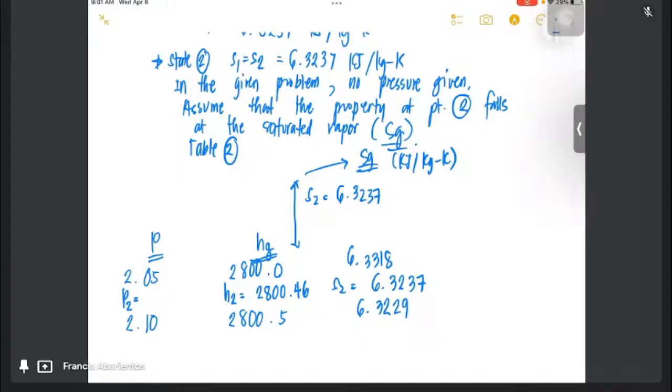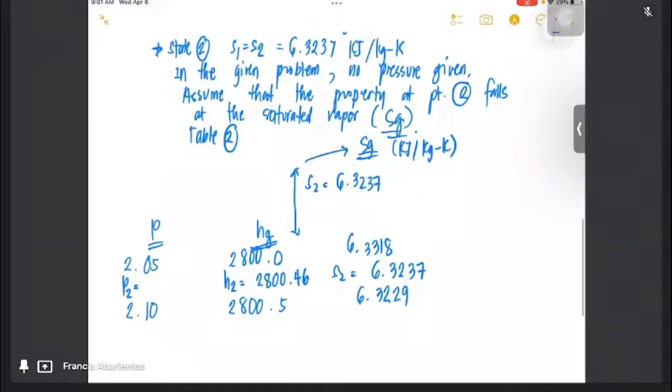And the pressure now is, ano class yung na-solve yung enthalpy at 0.2? Nakikinig ba kayo class sa akin? Okay.